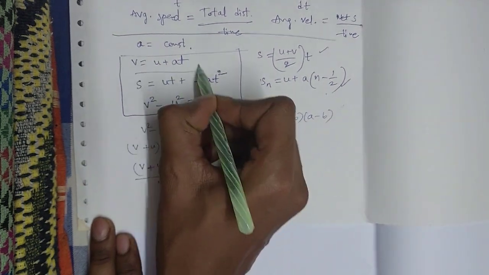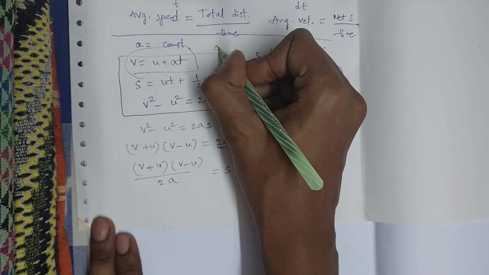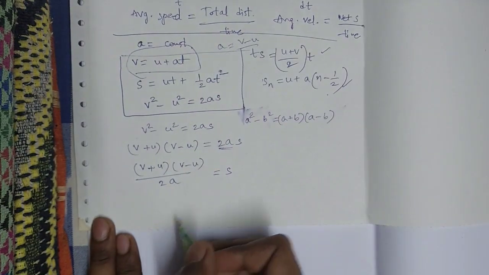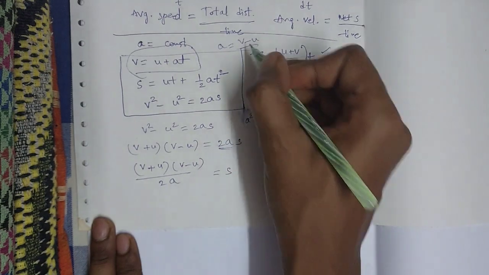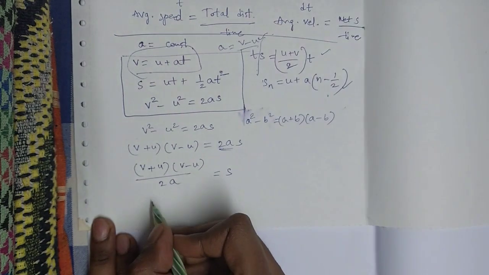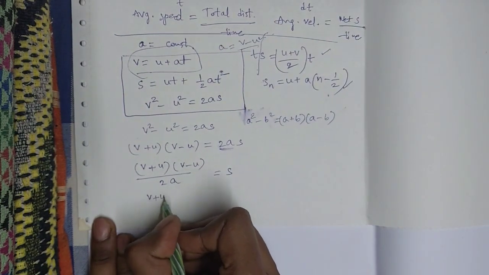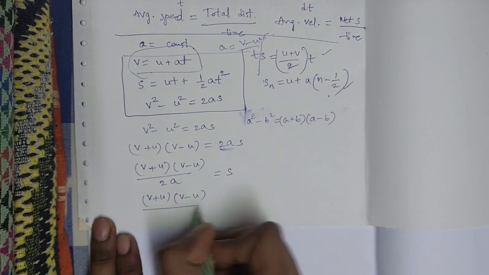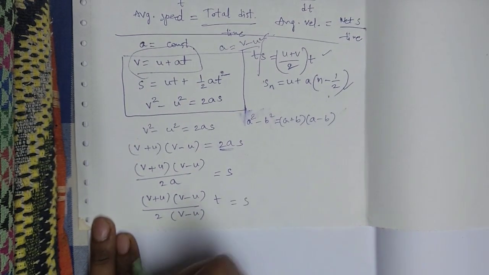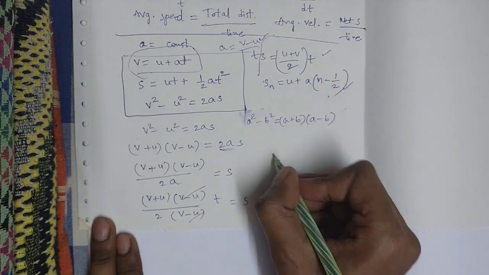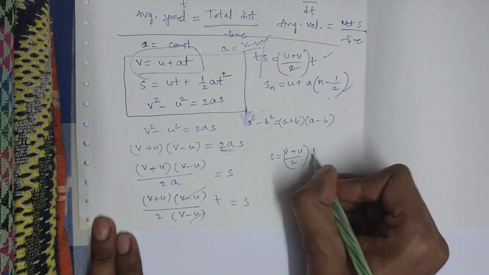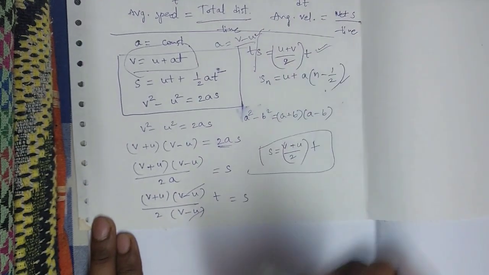Actually, from this formula, a equals v minus u by t. So in the place of a, we are going to replace with v minus u by t. v plus u into v minus u by 2 into v minus u by t equals s. Yes, v minus u gets cancelled. So s equals v plus u by 2 into t. This is how the formula has been derived.